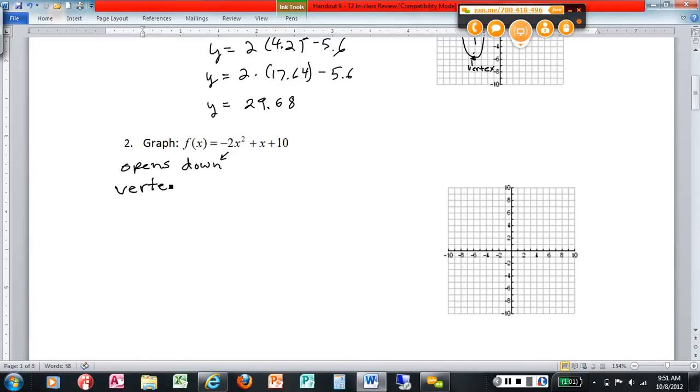Again, we're calling the vertex h comma k. Can't read it directly off of this one, but what I can do is use a little formula there. The h is going to equal negative b over 2a. Turns out in this form, you can get the h by doing negative b over 2a, where a, of course, is the negative 2.